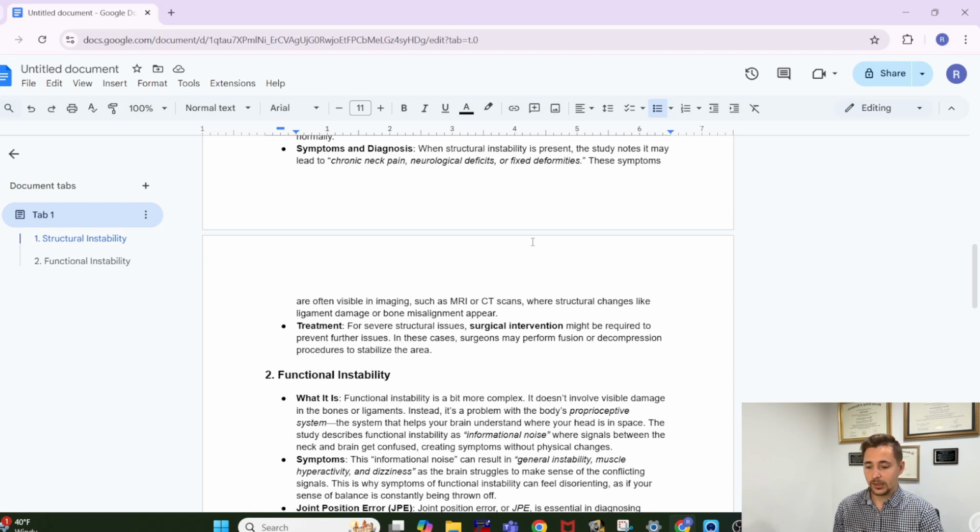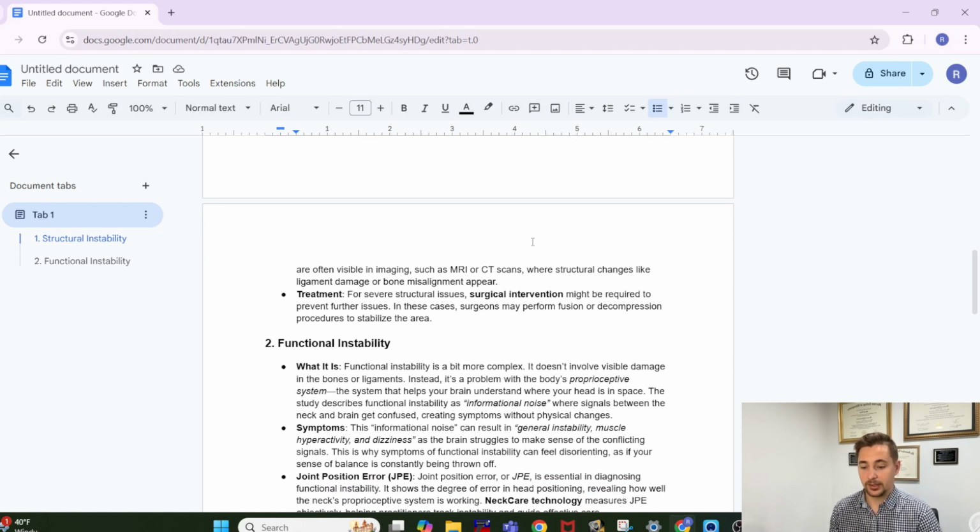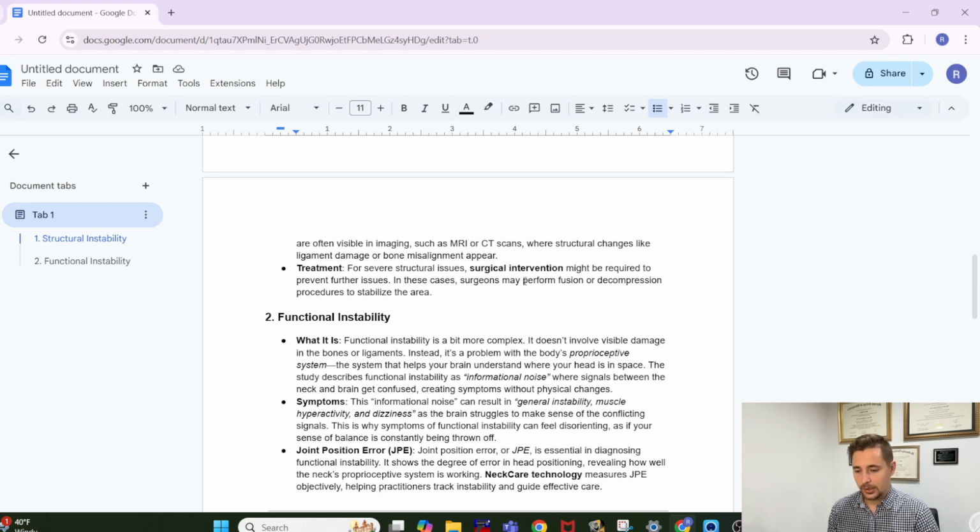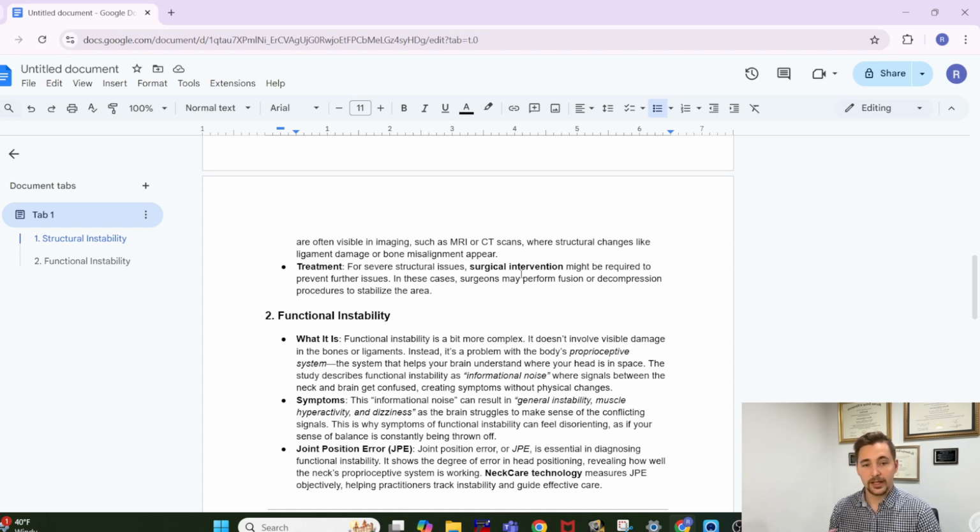Typically you see structural instability in imaging, like an MRI or a CT scan, and this is where you'll see ligament damage or something along those lines that doesn't allow this area to stay where it should and can compress the anterior part, or the front part, of the brainstem.